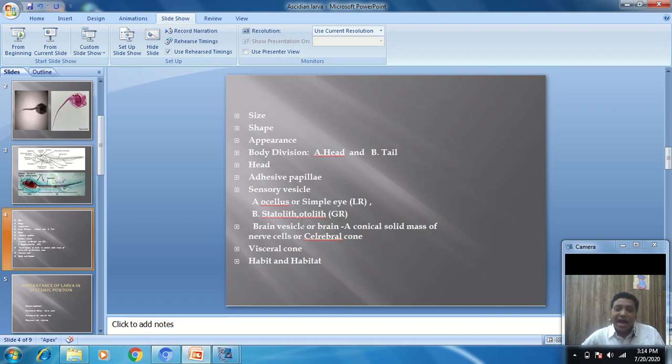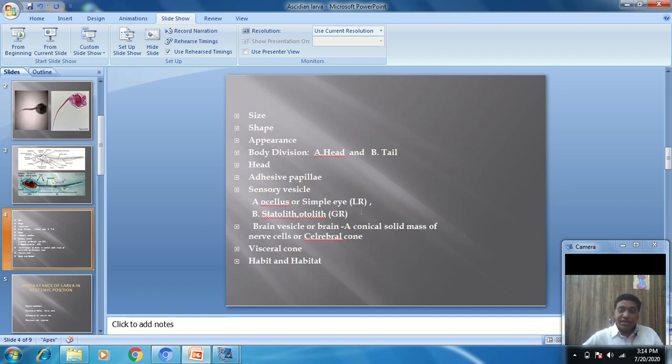Another organ present inside the sensory vesicle is called the statolith or otolith, and it is the georeceptor. Geotaxis means the movement and orientation of the organism towards the gravity of the earth.